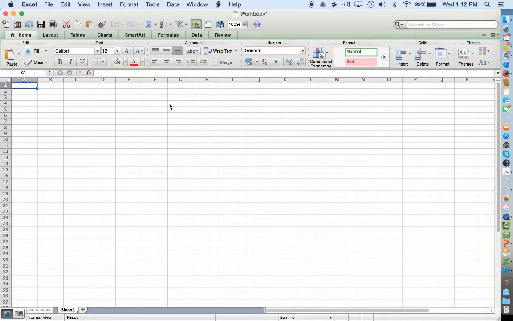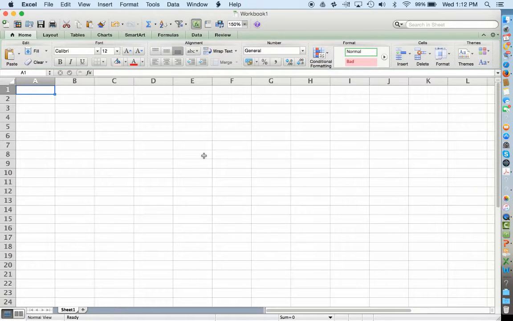So let's take a look at Chapter 9, number 1. We're going to go through that first. Let me make my screen a little bit bigger. Okay, so we have a company who sells 10 million computer chips a year at a price of $20 a chip.